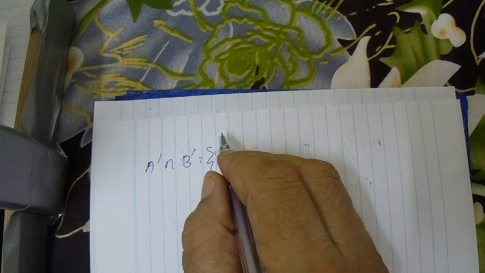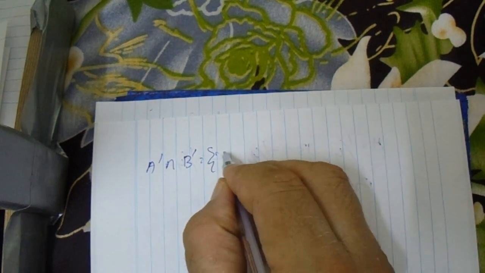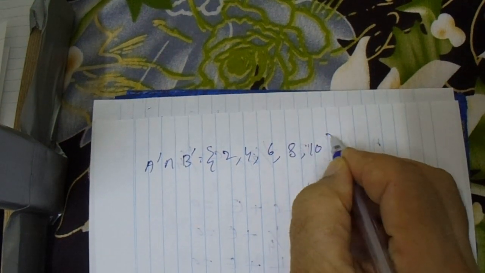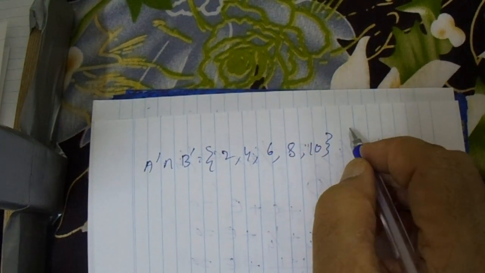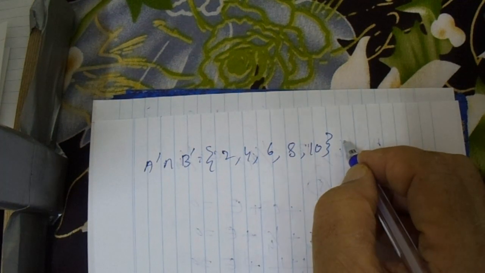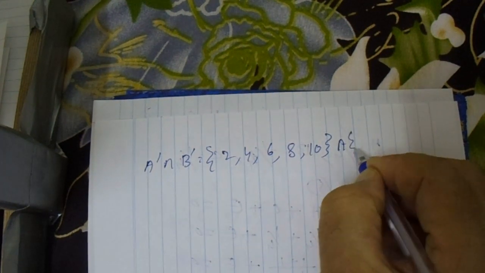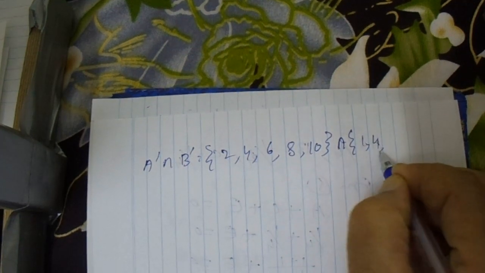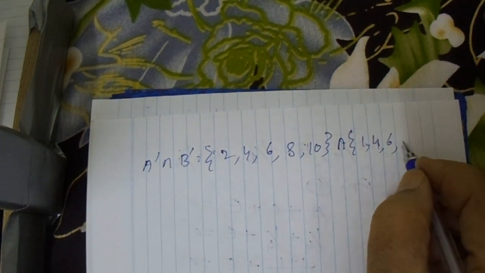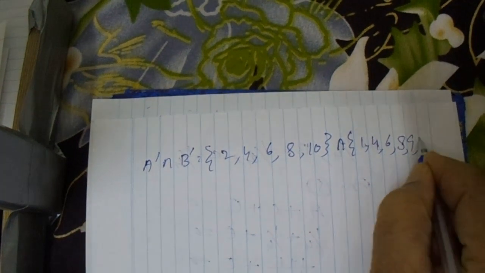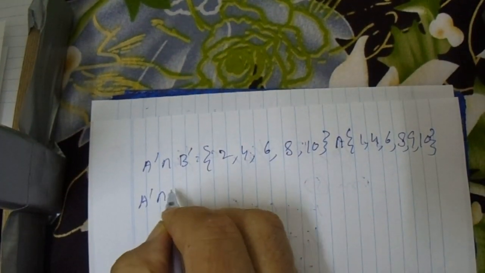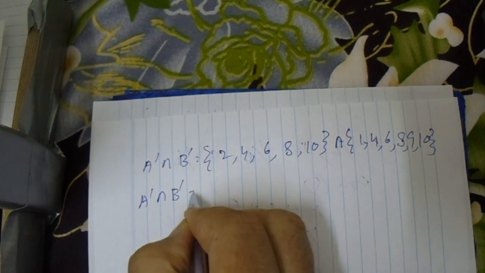A complement we have found: 2, 4, 6, 8, 10. And intersection B complement. B complement is 1, 4, 6, 8, 9, 10.